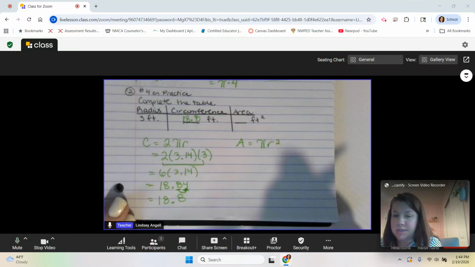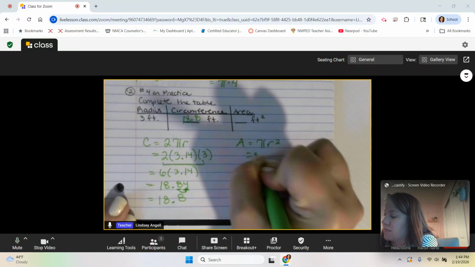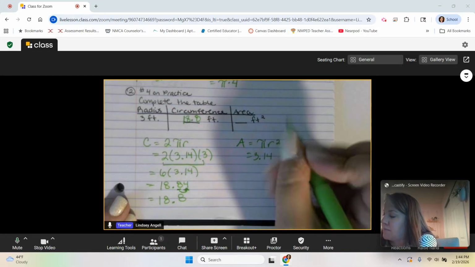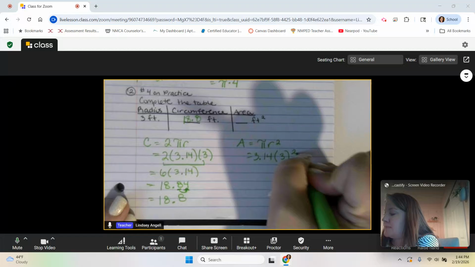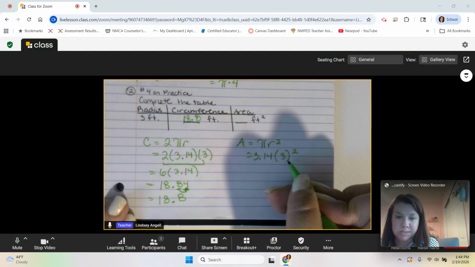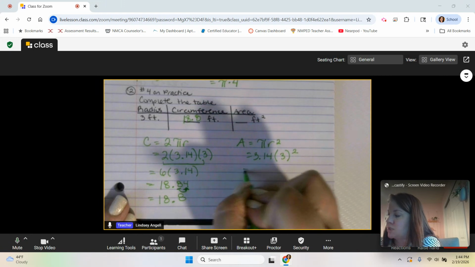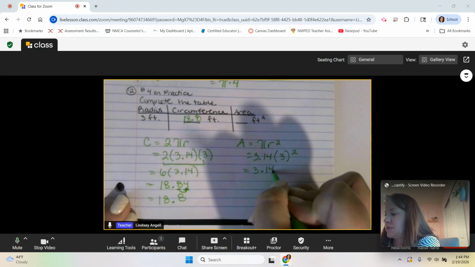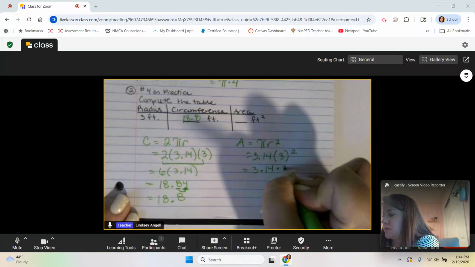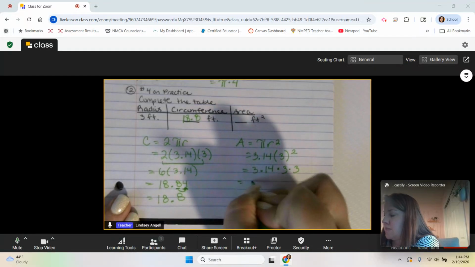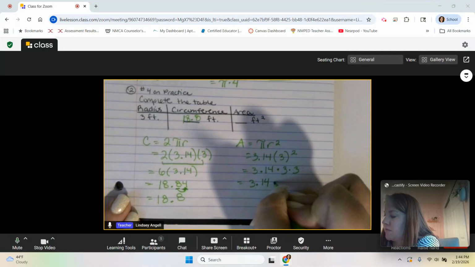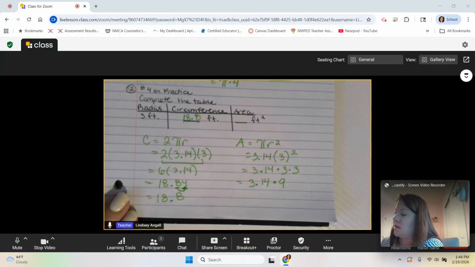And then we just need to complete the second one. So we've got 3.14 for pi, and then times 3 squared. Well, 3 squared, I know that that's equal to 3 times 3, which is also equal to 3.14 times 9.